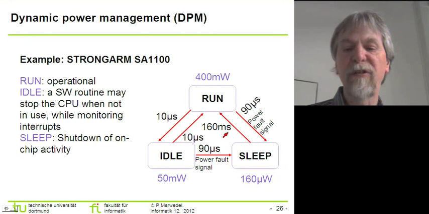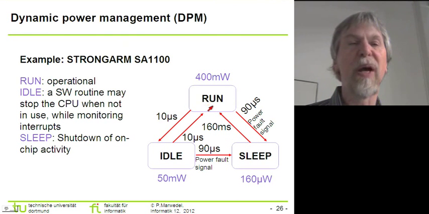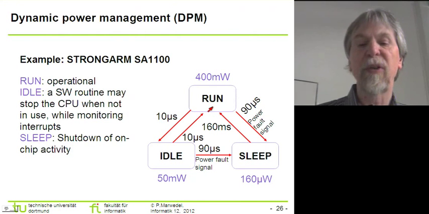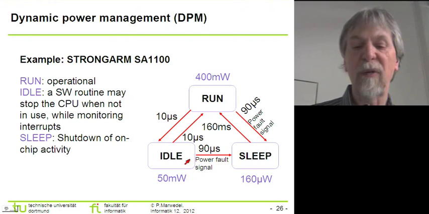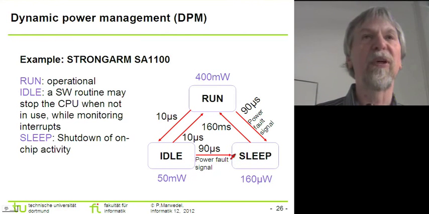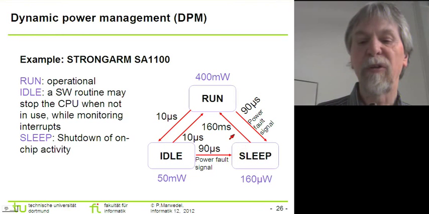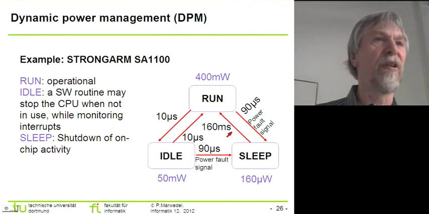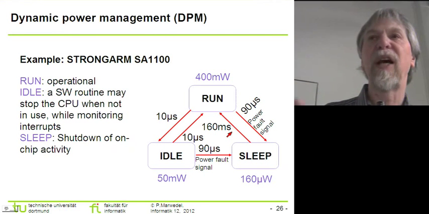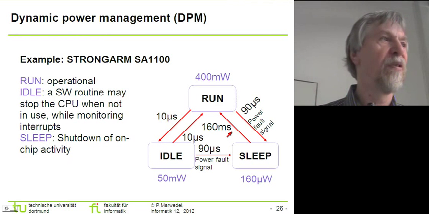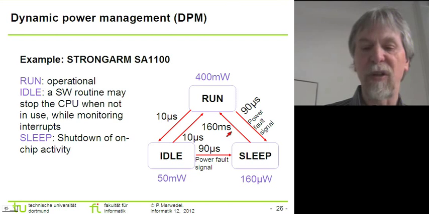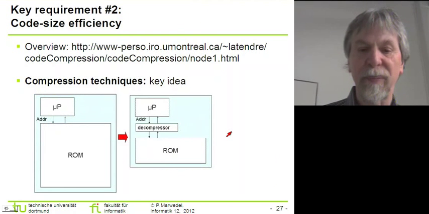So therefore, it takes quite some time until we are back to this run mode. So that's a trade-off, of course, and we have to figure out when we should be having that transition that brings us into the sleep mode, because 160 milliseconds is something which the user can already notice. And if that happens too frequently, the user could be bored by the delay. So that's something that we should avoid whenever feasible.